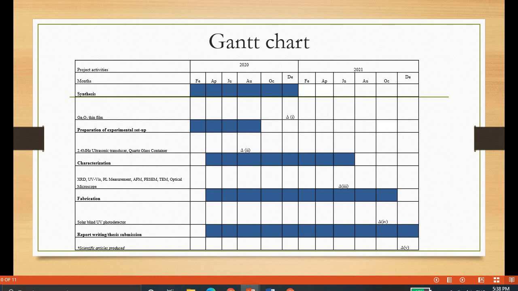This is because the MSM structure is a very good structure for better working efficiency of the semiconductor. Therefore, it can also help to detect the light easily for the solar blind UV photodetector. So it will be up to October 2021.